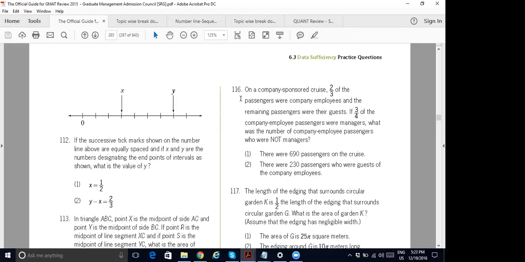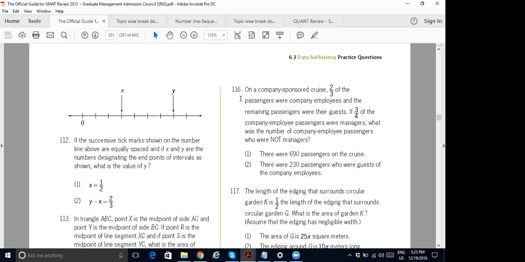So the question then becomes, non-managers will be also half by X. Total non-managers, correct.